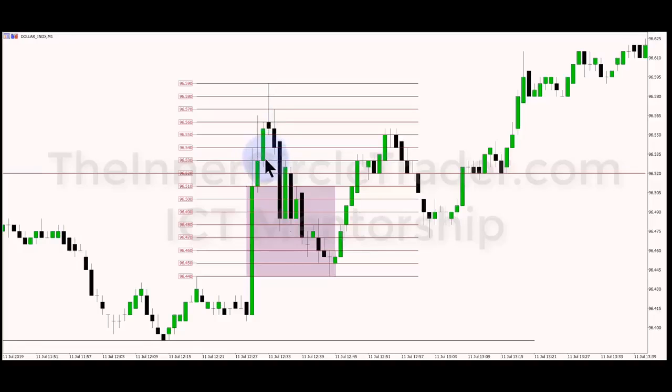The next candle here opens, trades down initially about a half a pip, and then we rally up to 96.56 and then close at 96.56. So between this range low on this candle and this candle's high, price has spent time going back and forth. So this is efficiently traded.